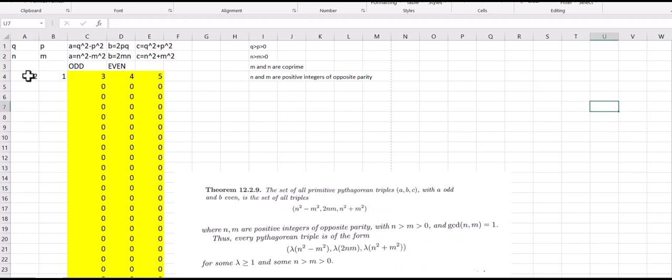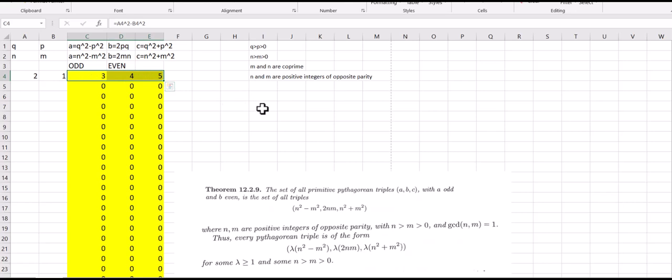So this follows that condition. Since we have n equals 2, m equals 1. And 2 is even and 1 is odd. By plugging in the values for n and m, we were able to generate our Pythagorean triple here. We have A equals 3, B equals 4, and C equals 5. The first primitive Pythagorean triple has just been generated.